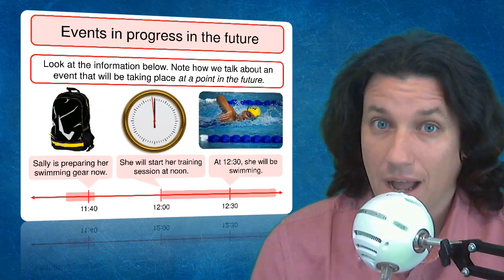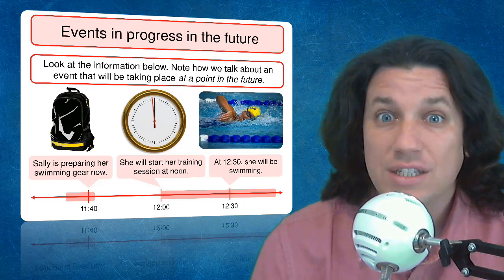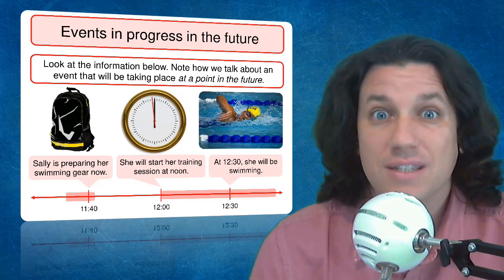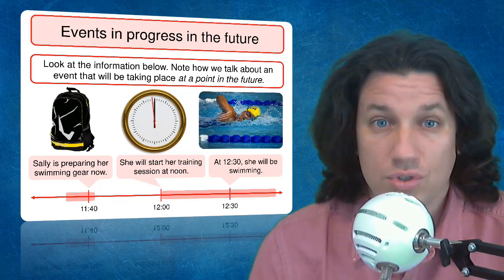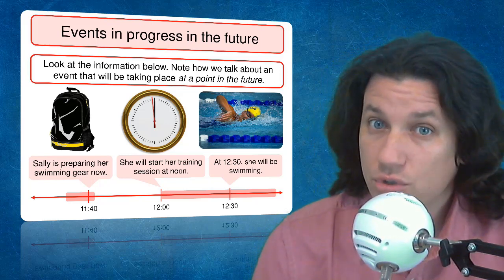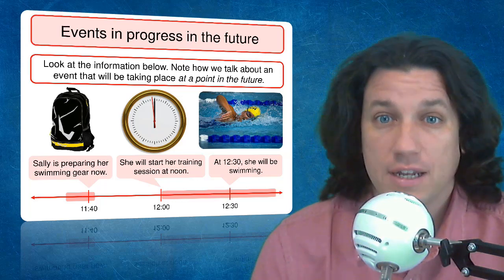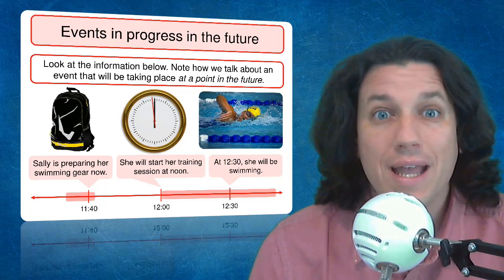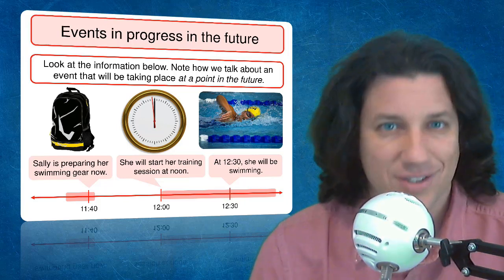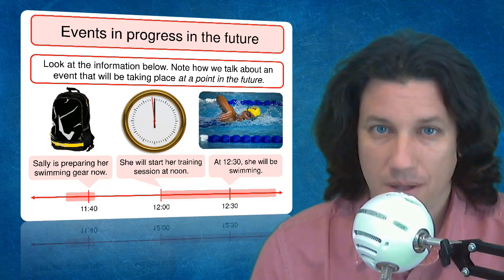On that timeline, you can then progress to events that will take place at some point in the future, since this is how the future continuous is used. Mark the future events with start and finish times so that you can show the period when the event will be happening as a natural way to introduce the tense.